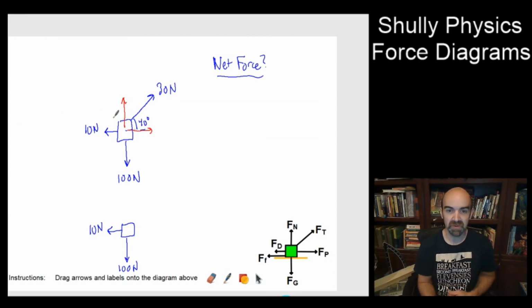So how would we figure out these components? Well, on a right triangle, this would be the adjacent side to the 40-degree angle. And what trig function goes with the adjacent? That would be the cosine. Now 30 would be the hypotenuse. It's the length of this vector. So the horizontal component here would be 30 cos 40 degrees.